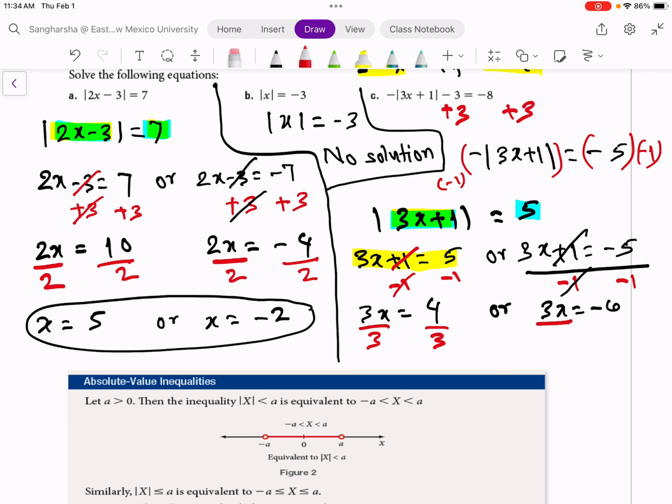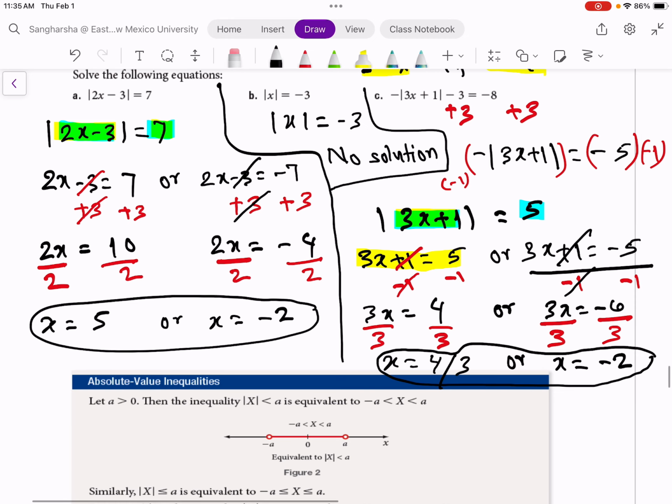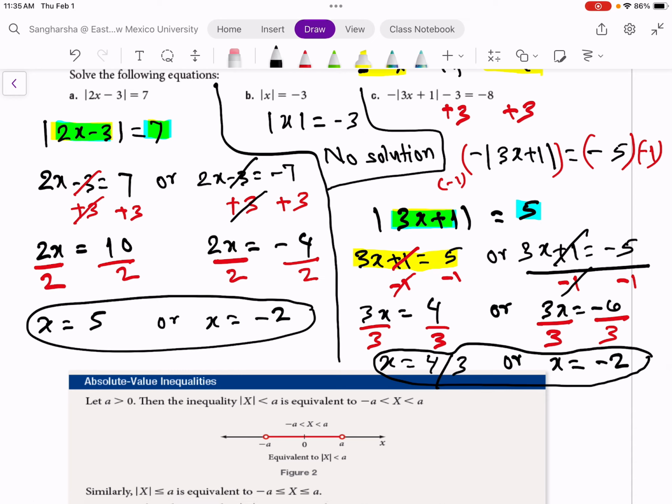So we have x equals 4 over 3, or x equals negative 2, and these two are the solutions. So if you have an absolute value equation, you always have two equations, and you have to solve both of them to get the solution.